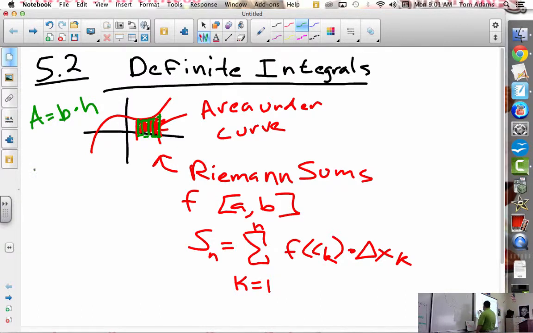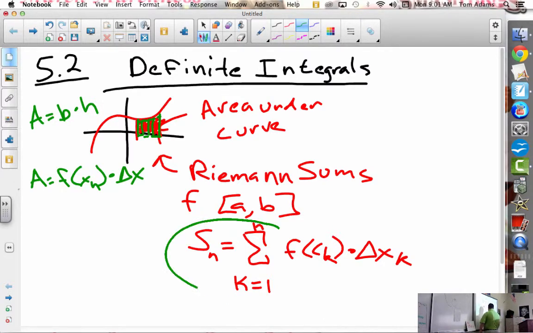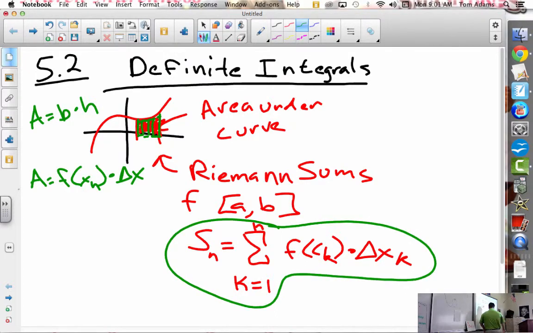And we said that the base is actually f of x sub n, right, times whatever we determine delta x to be. So it's the same thing. And so this summation notation, the Riemann sum, is the area under the curve using summation notation by adding up all of the rectangles, okay?